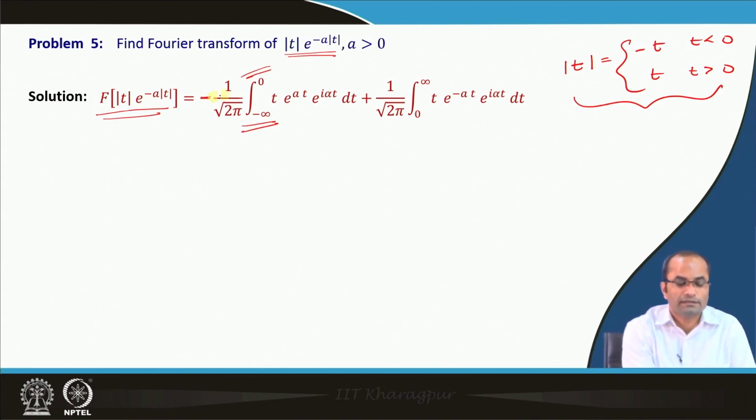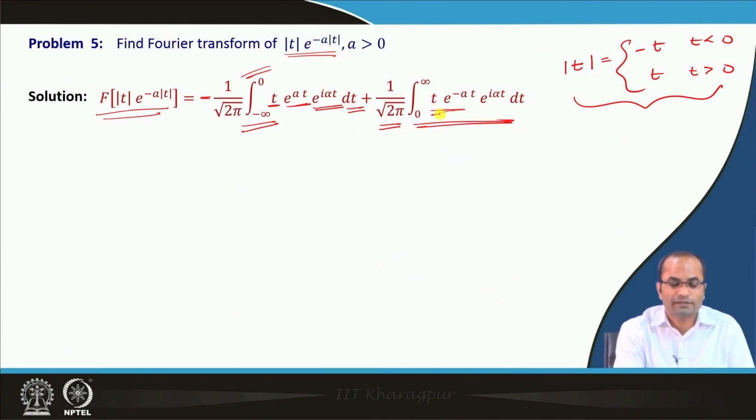So, we have minus sign there and t, and e power again this minus minus plus, so e power a t and e power I alpha t, and we have this dt there. So, 1 over square root 2 pi, and then 0 to infinity we have t e power minus a t, because here in this region 0 to infinity this will be t only. So, we have this t e power minus a t and e power I alpha t, that is the part of the definition of the Fourier transform.